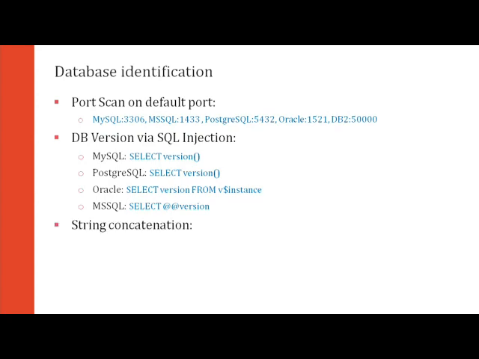We can also do a string concatenation. Let's say that we cannot get the version by executing those commands. We can try to do a concatenation in the SQL query, and if we get a result, that means that specific SQL syntax was understood, and that tells us this might be this specific DB engine. Like here, let's say we do a CONCAT of A and A, and that gives us a concatenation in the result.